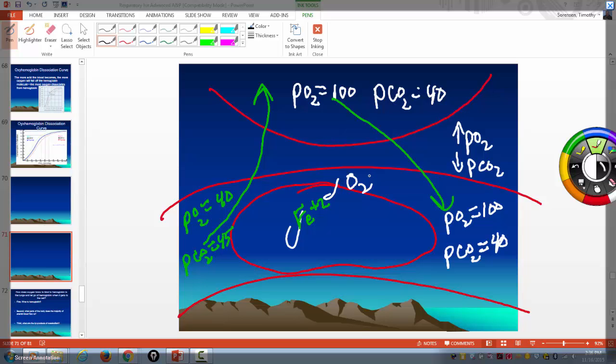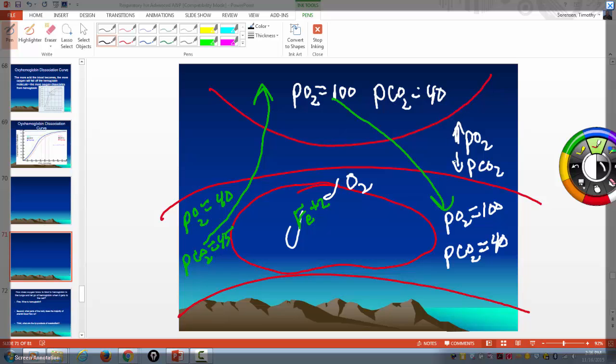So that is how oxygen and carbon dioxide affect hemoglobin saturation. And again, if you just think for a minute, where do you want the oxygen to bind to the iron on hemoglobin? You want it to bind in the alveoli and the pulmonary capillary, right? What are the conditions?